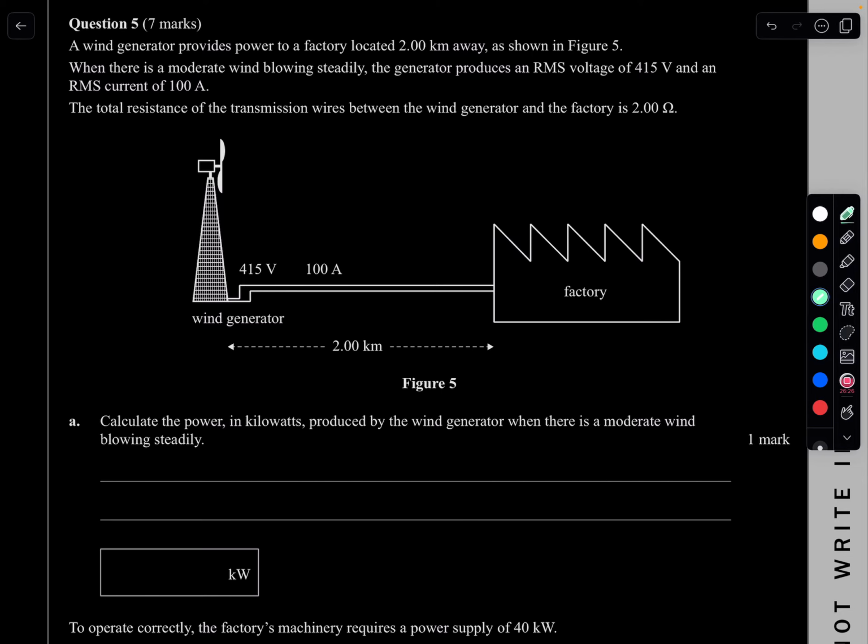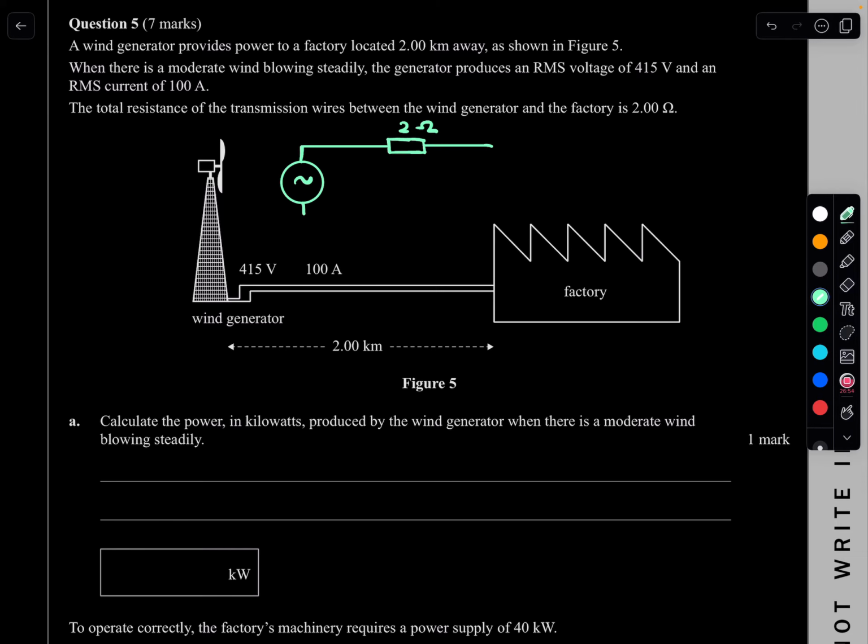All right, first I'm going to draw a basic circuit, because it really helps to see everything in play. We have the wind generator, which creates an AC voltage. This resistor is your transmission line, which has 2 ohms of resistance.